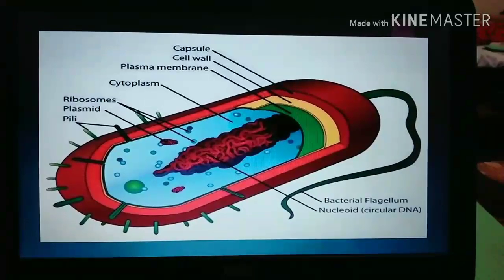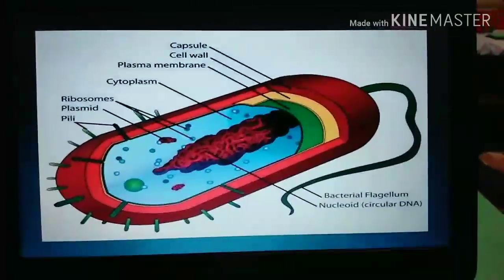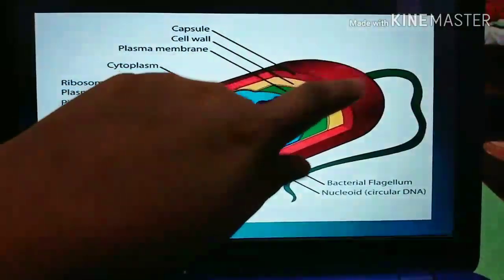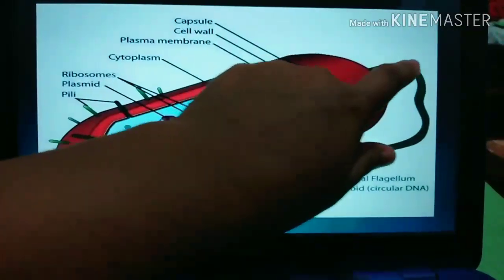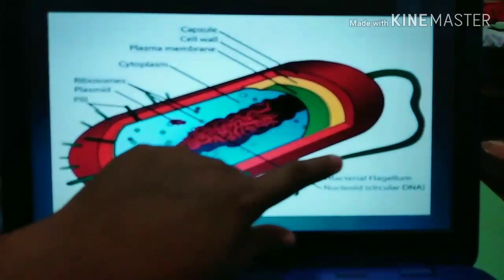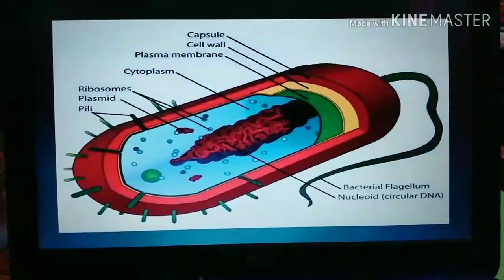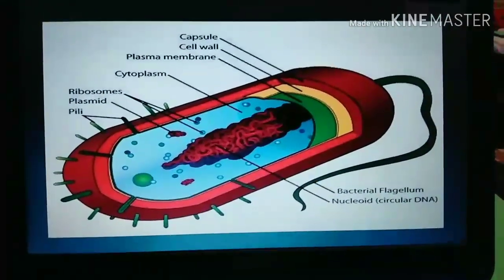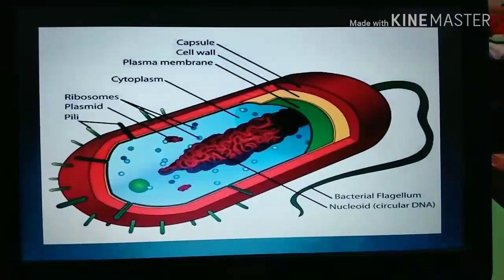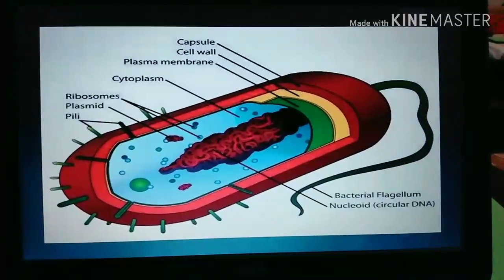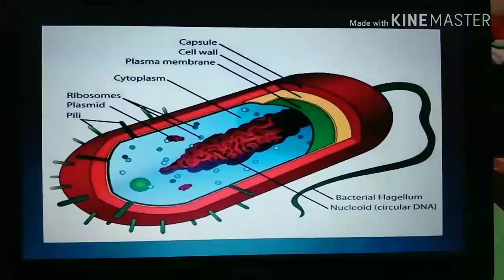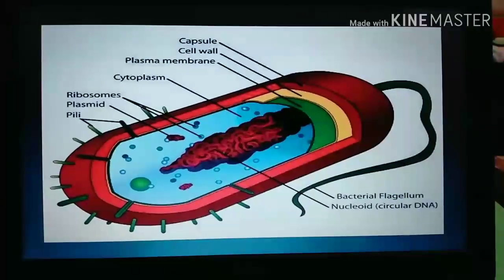So this is the bacterial flagellum. A flagellum is a microscopic hair-like organelle used by cells and microorganisms for movement.